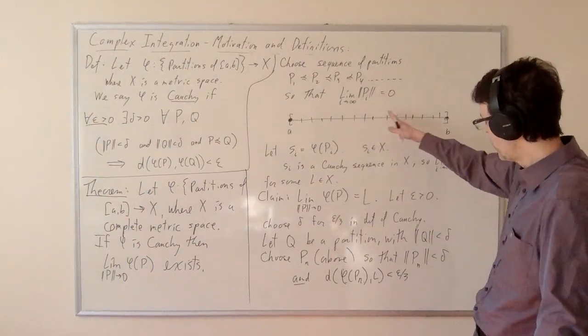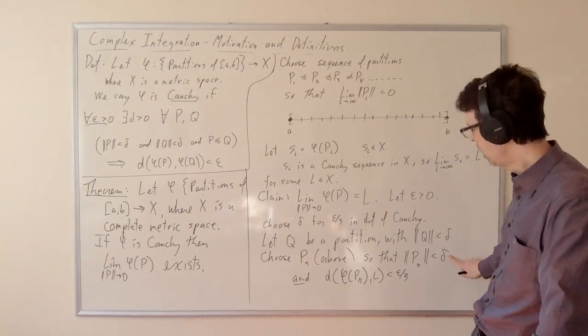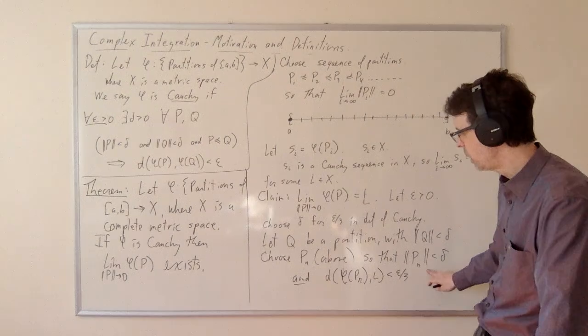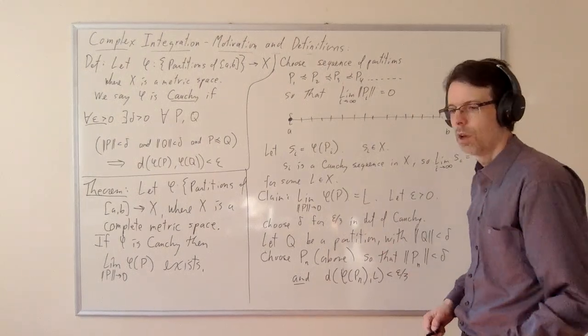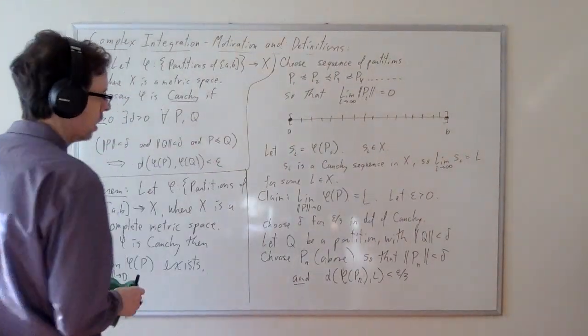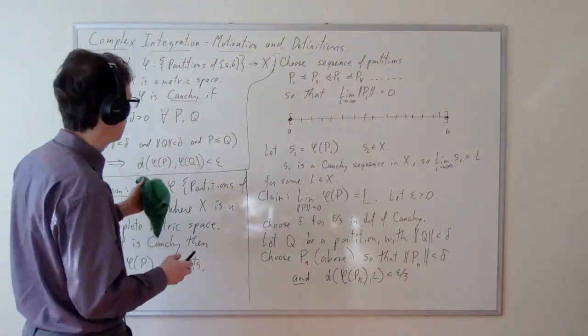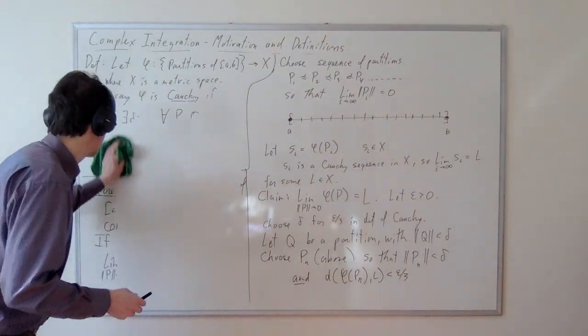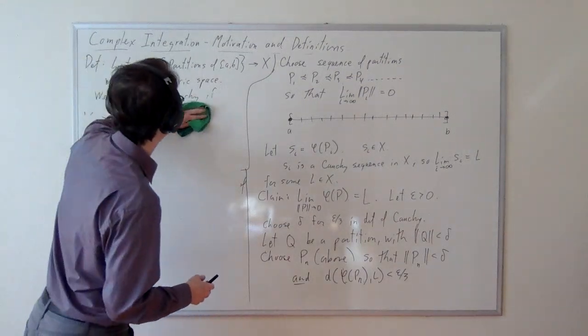And if not, we just read farther on until they do have a norm less than delta. So both of these things are true eventually, and so I can choose a little n for which they are both true.